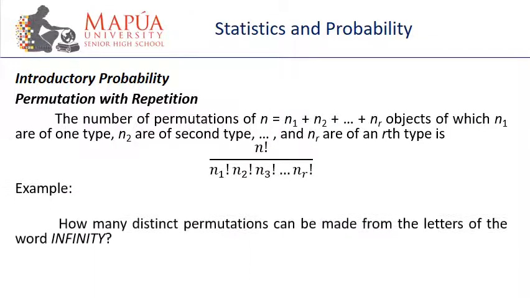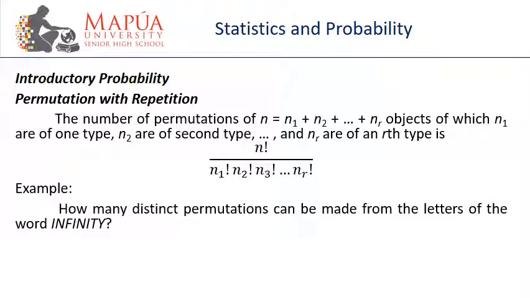So let's say, for example, how many distinct permutations can be made from the letters of the word infinity? The first step in solving this problem would be counting the number of letters in the word infinity. You will have 8 letters. Then you will have to denote the letters which are repeated.